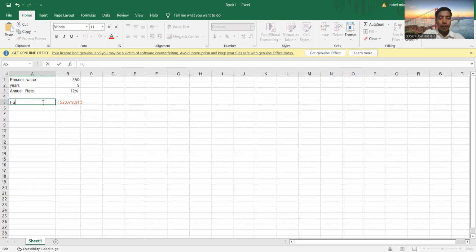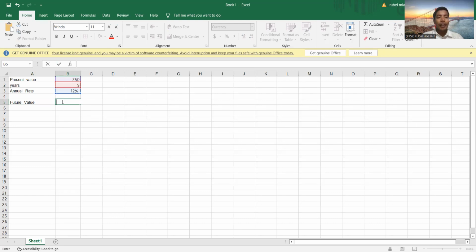So we are writing here future value. Actually we don't know what would be the future value, so here it has been given an amount, but we don't know what would be the amount after calculation. So let's get started on the main point and focus on it. What would be the amount? We don't know what would be the amount.